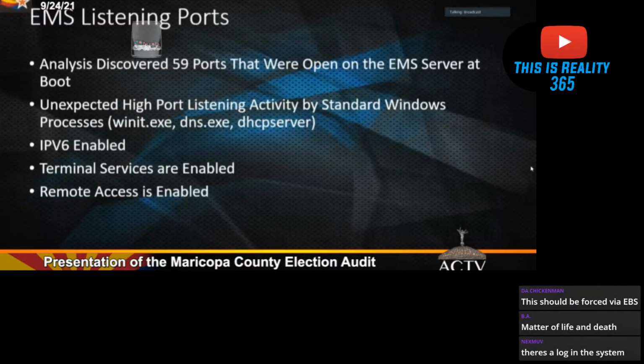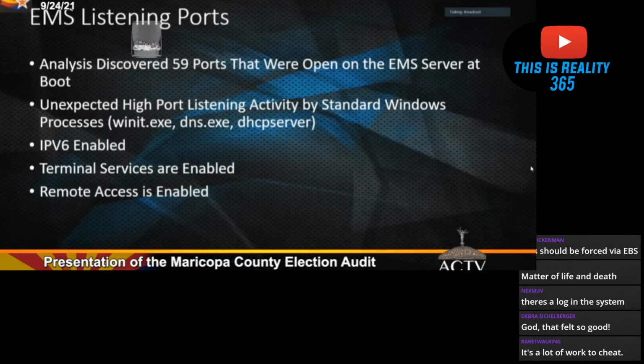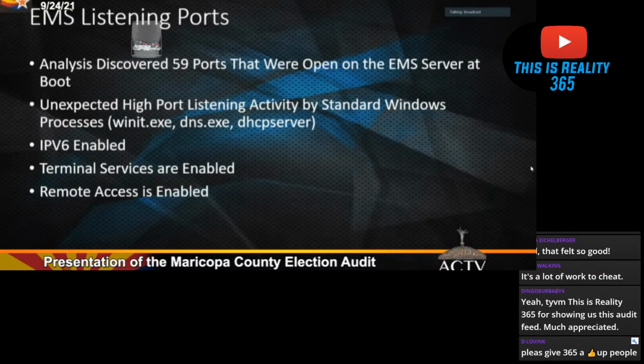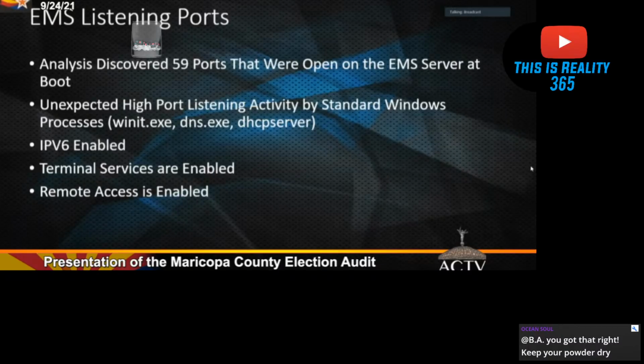So we also took a look at what happened when the EMS was booted up. And let me walk through the methodology here to kind of assuage everybody's concerns. When we imaged all these systems, by the way, we imaged 770 devices and we gathered over 114 terabytes of original forensics data, okay?